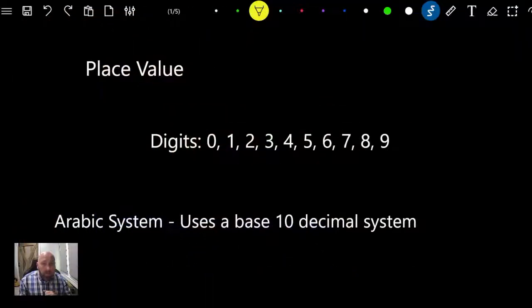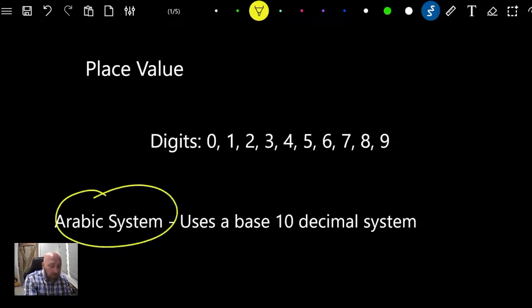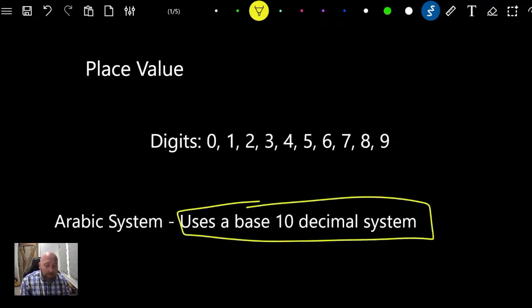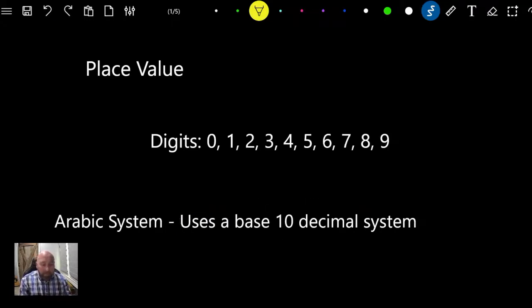All right, so let's go ahead and jump down here and look at this. The first topic that we're going to be approaching is place value. What is place value? Well, in the Arabic system, you'll see right down there, I have the words Arabic system. We use what's called a base 10 decimal system. Base 10 means basically that there are 10 digits.